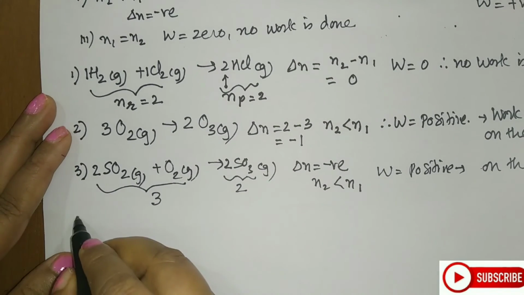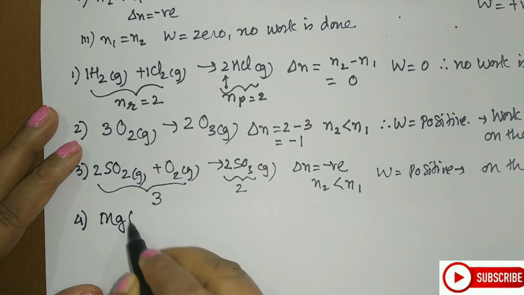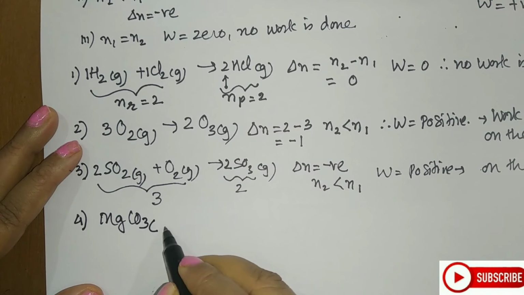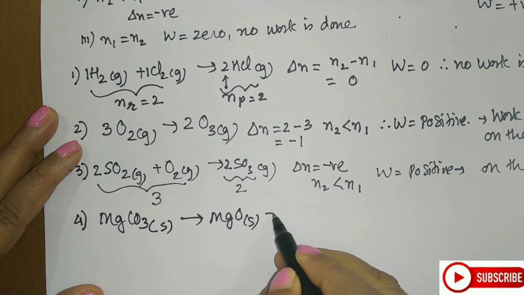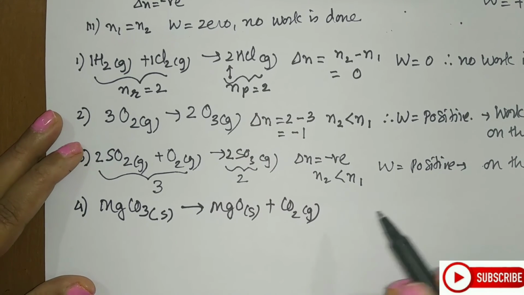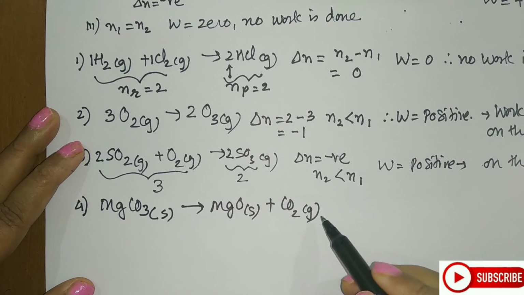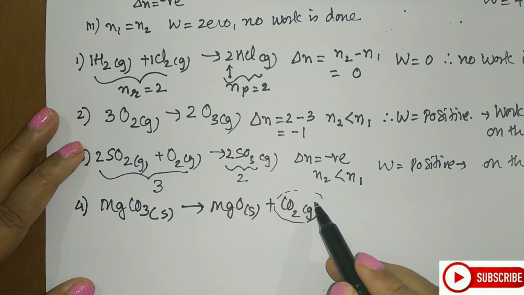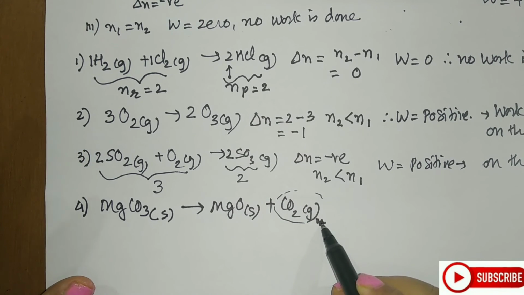Let us try for the next one. Here I am taking the decomposition of magnesium carbonate. So magnesium carbonate is solid, gives MgO solid plus CO2 gas. Now students, if you see, this is solid and this is solid. So here we will not consider the solid physical state and therefore we will be considering only the gaseous phase, because we want the number of moles to be considered only and only in the gaseous state.